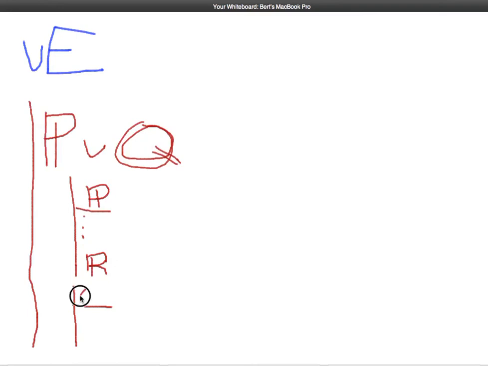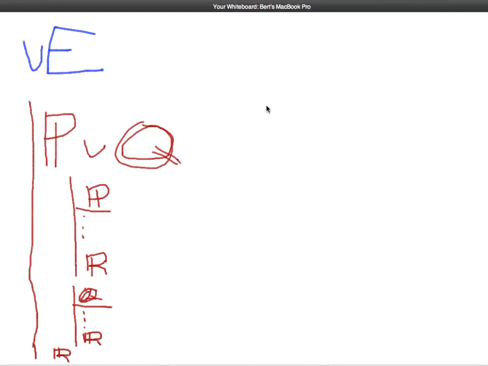So Q here. That's a terrible looking Q, but I think you get the idea. And similarly, when we assume Q, we can maybe also derive R as well. And then, since we derived from P that R would be the case, and we also derived from Q that R would be the case, then we can actually just say that we derived R.